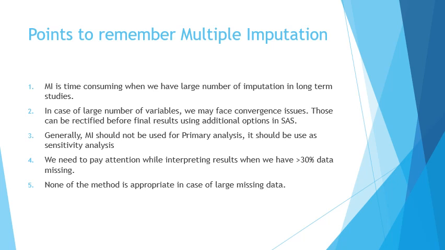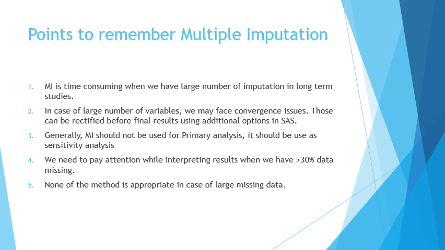Point number 3: MI should not be used as the primary analysis, and it can be used as a sensitivity analysis because we are dealing with the distribution of observed data in multiple imputation. Point number 4: we need to pay attention while interpreting the results when we have more than 30% data missing for each category.